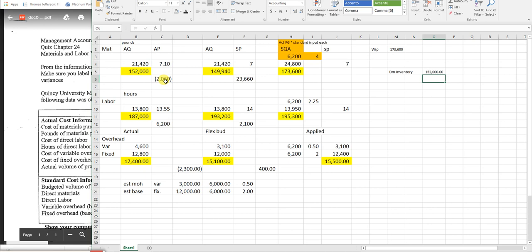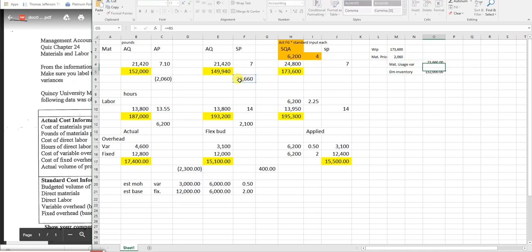This one is, notice it's the dollar amount, so the price is varying, so it's the materials price variance. And the materials price variance is unfavorable, so unfavorable variances are debits. So I have 2060, I better put that in positive. And this one's my materials usage variance, or materials quantity variance, it might be called.